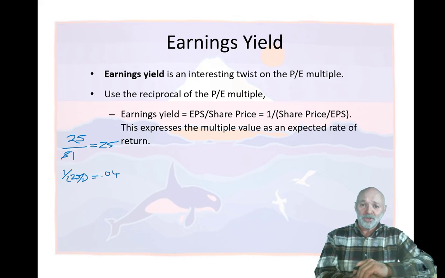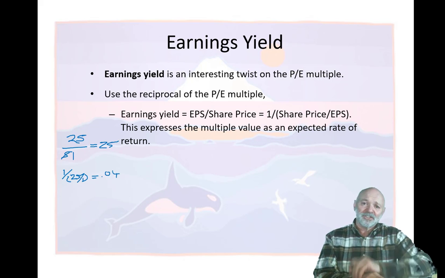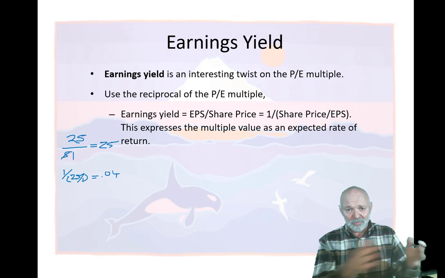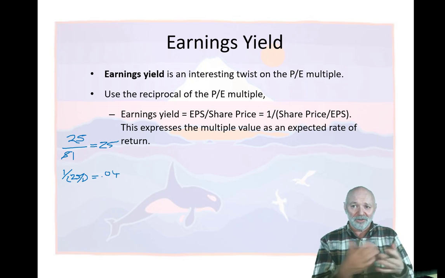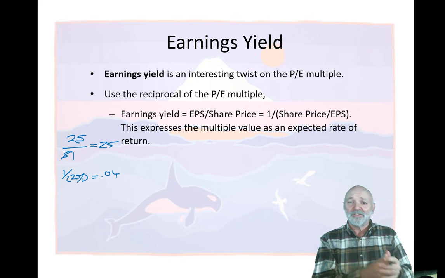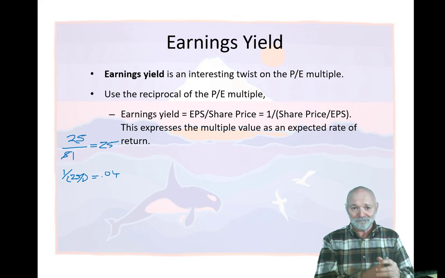Well, what does 4% tell us? That tells us the rate of return at which the market is going to expect our company to pay out. If you're going to earn $1 on your share every year, it's going to take you 25 years to pay back the principal, the $25.